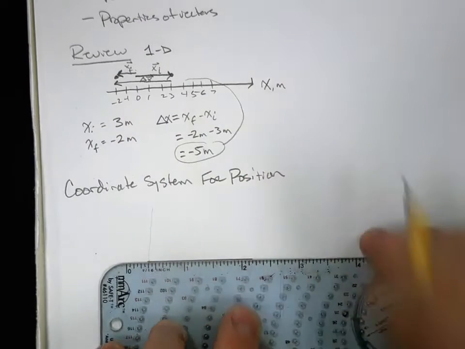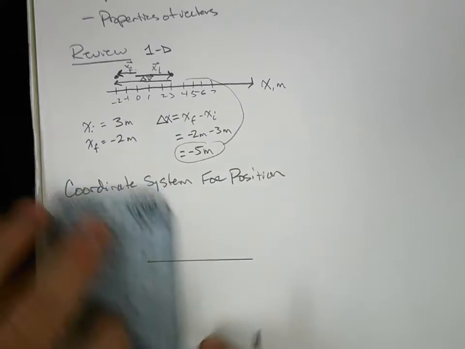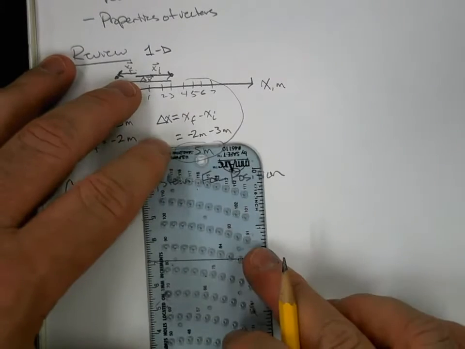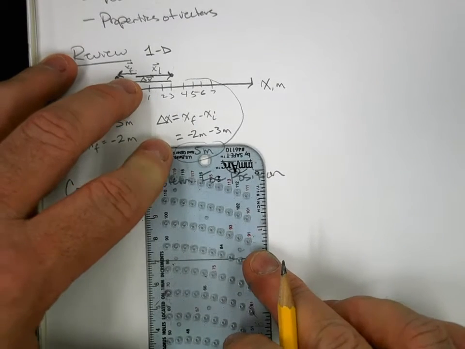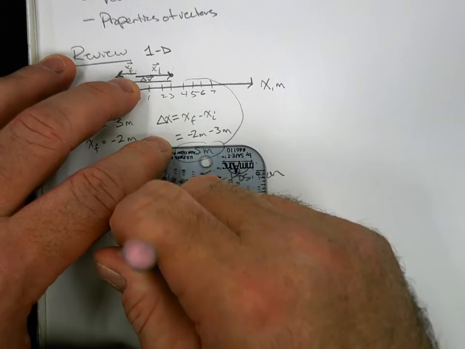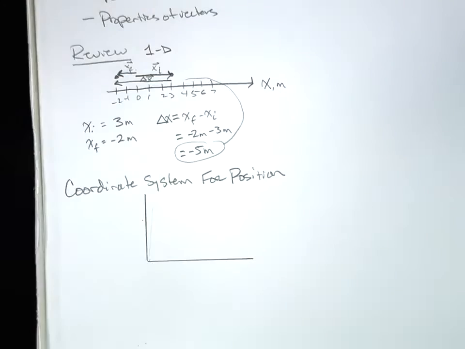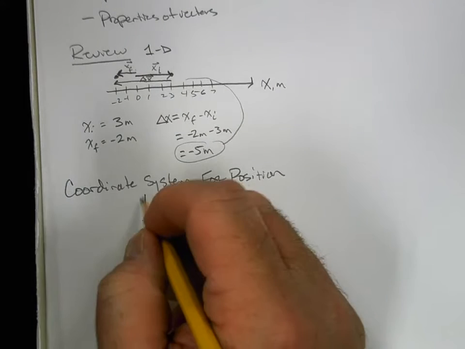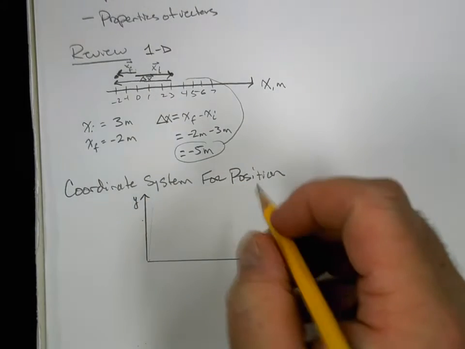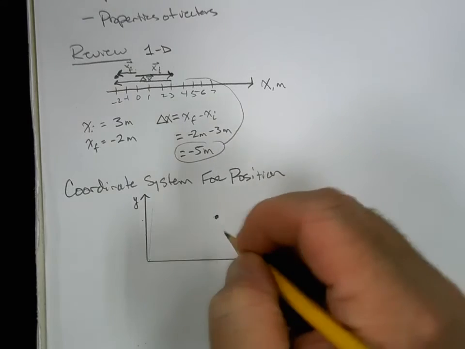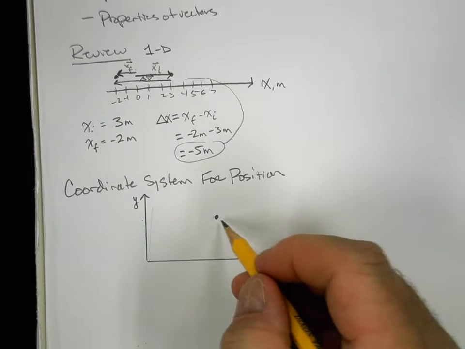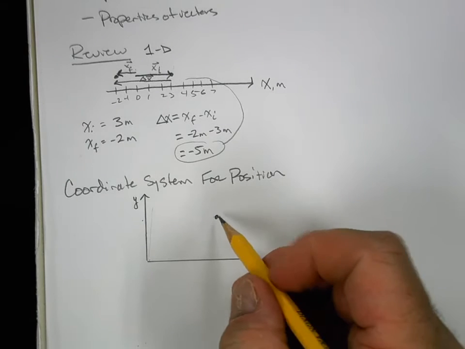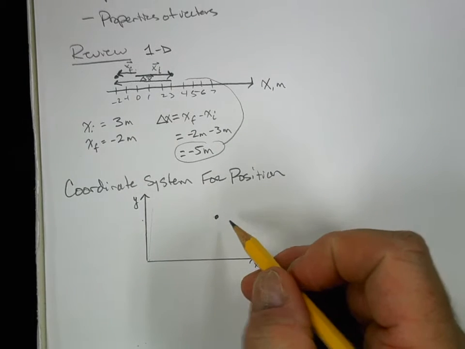If I'm expecting you guys to use graph paper, maybe it's only fair that I hold myself to that kind of standard. All right, and here's our x-axis and our y-axis, and we have this spot right here. How do we communicate where this is with respect to its position?